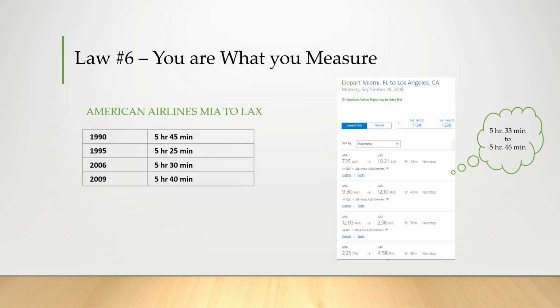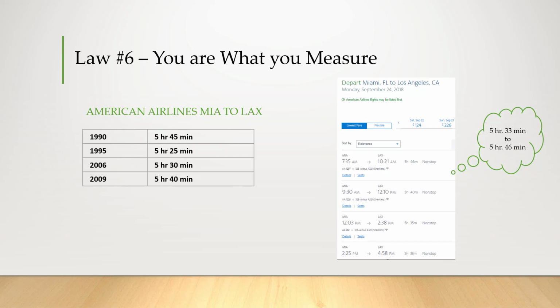But if Southwest, for example, didn't have the technology and they looked into their last year of flights and calculated, well, to get from Miami to LAX, it only took us 5 hours and 30 minutes, it could skew how a customer, me and you, would look at it, and we'd want to buy the shortest flight.